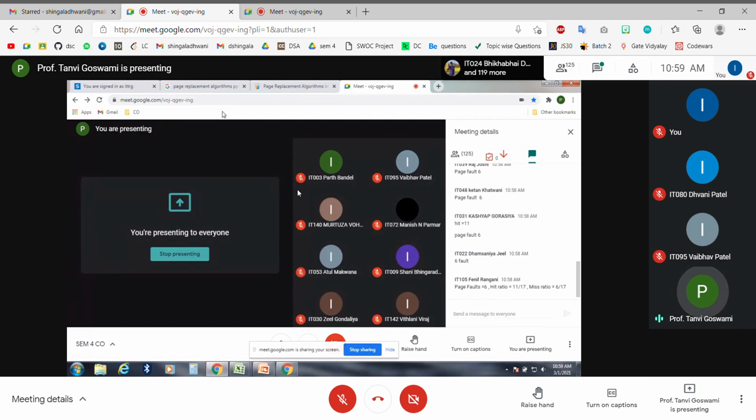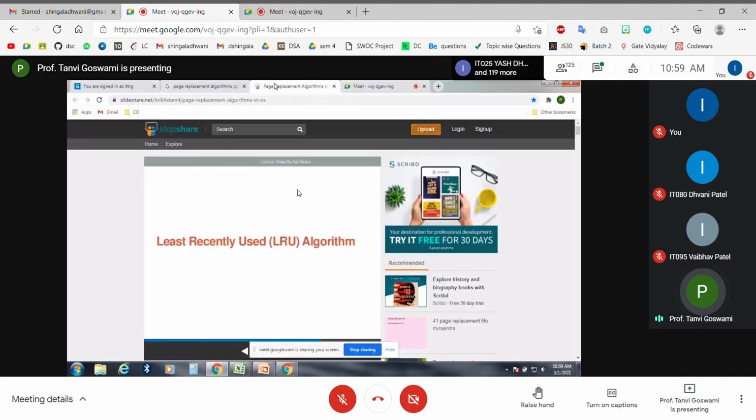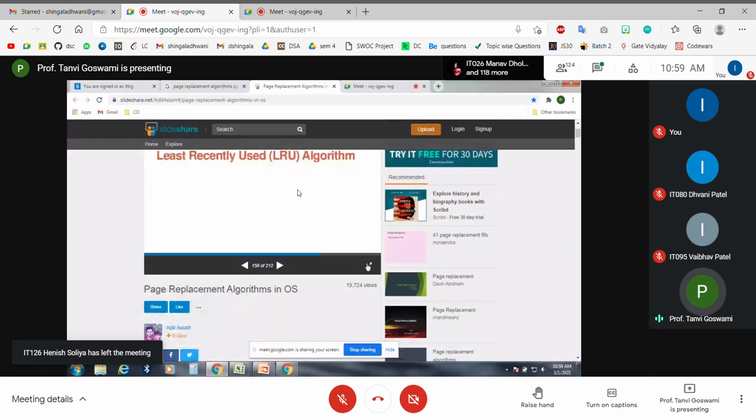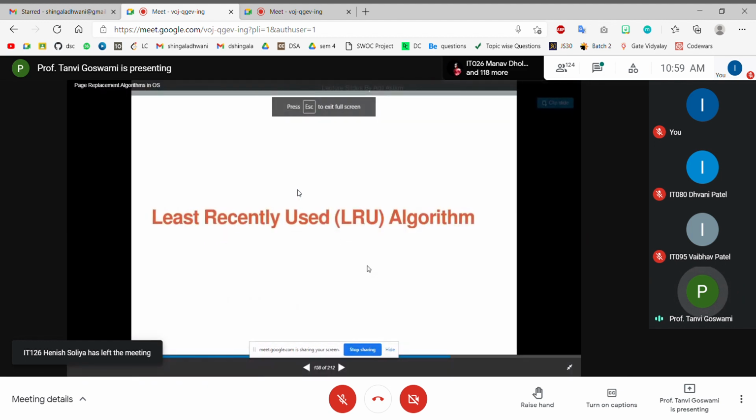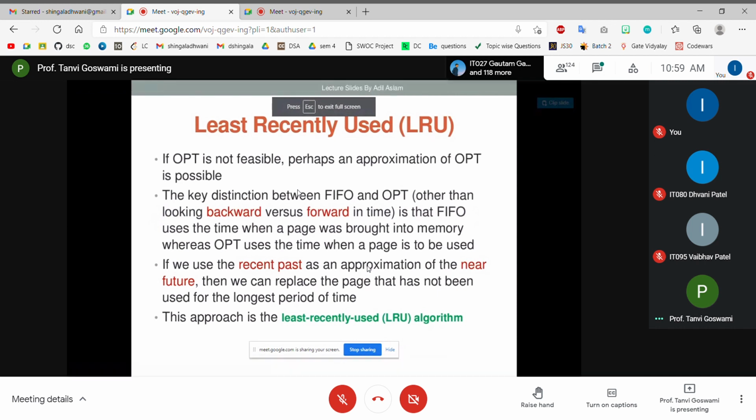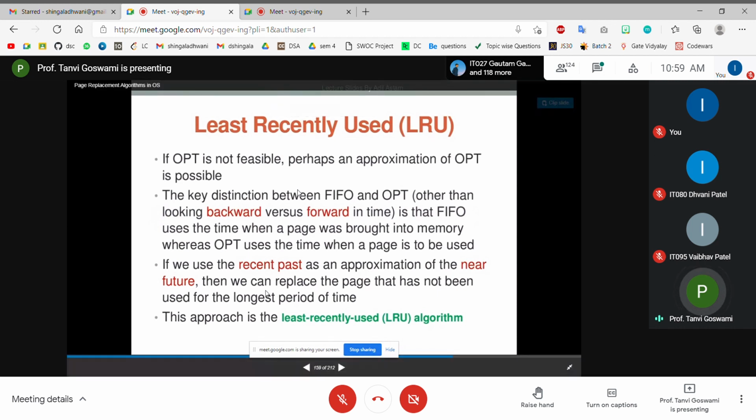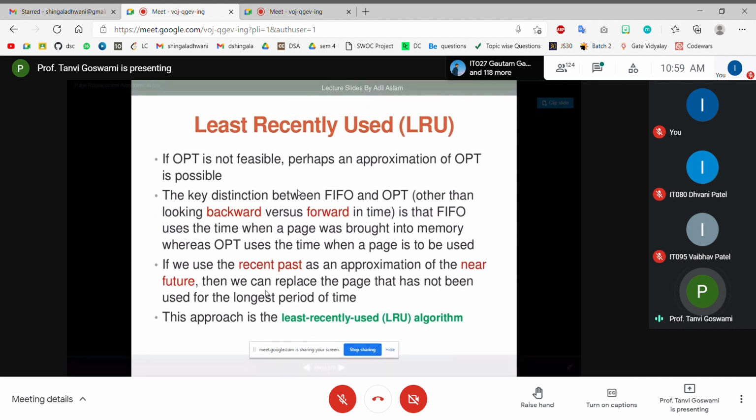Okay, so now we are moving on to the next algorithm, that is called the least recently used algorithm, right? Up till now we have seen the references with respect to future and current references. So why is the optimal algorithm not feasible? It is not feasible because we cannot always guess the future address references correctly, because the instruction types vary.